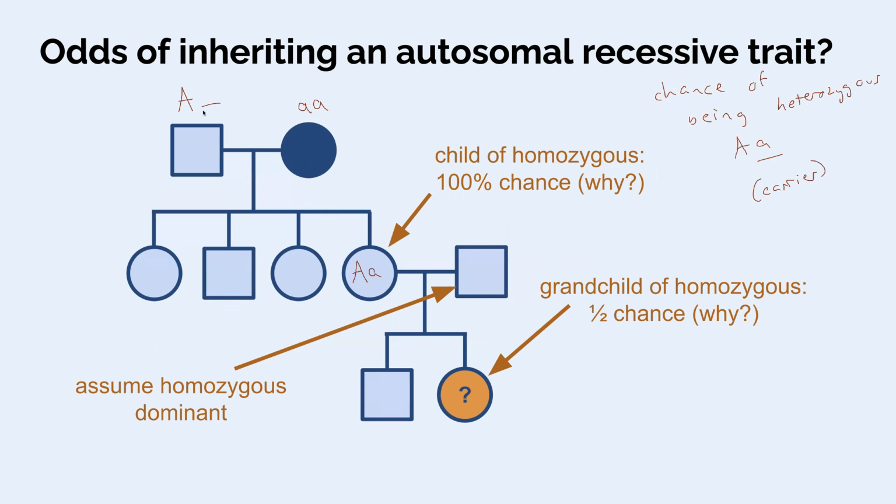This diagram is really consistent with dad being homozygous dominant. We're going to assume, just like we did before, that anybody coming in from outside the family is homozygous dominant, doesn't have the little a allele that we're trying to worry about. So we have a 100% chance for this individual, who's the child of an affected person. And then we can ask about the next generation.